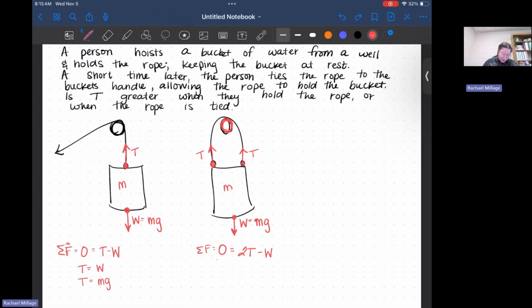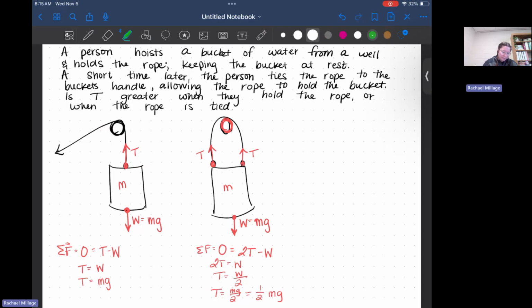So I have 2T equals W. I can take this 2 and move it to the other side, which means that T equals W divided by 2. And finally, I can sub out my W for mg. T equals mg divided by 2. Or if I really wanted to, I could rewrite this as 1/2 mg.